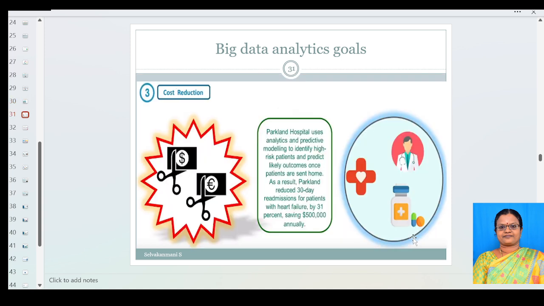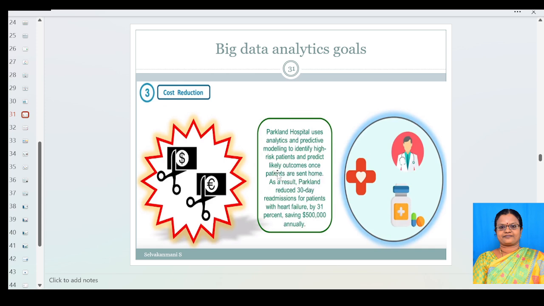And cost reduction, so the hospital called Parkland Hospital, using big data analytics, started identifying the highly risky patients, and they started saving an enormous amount of money by sending the highly risky patients home.